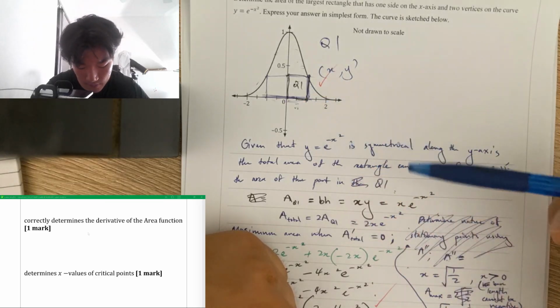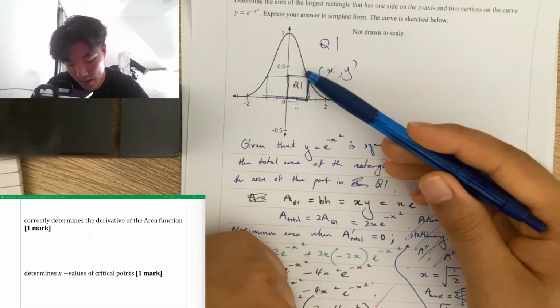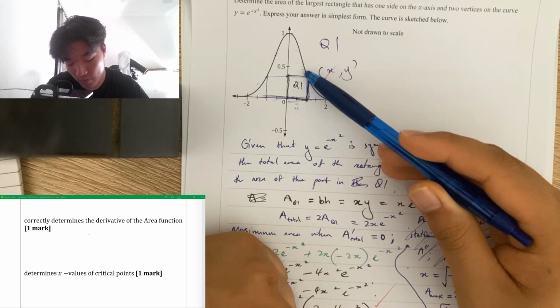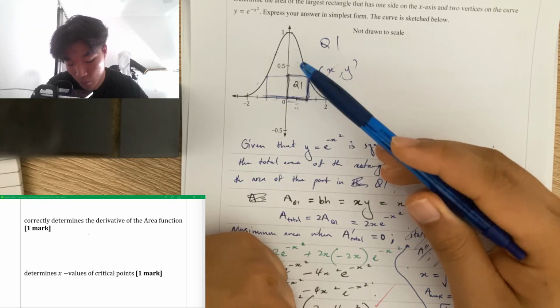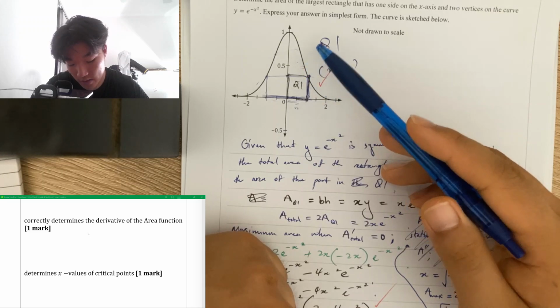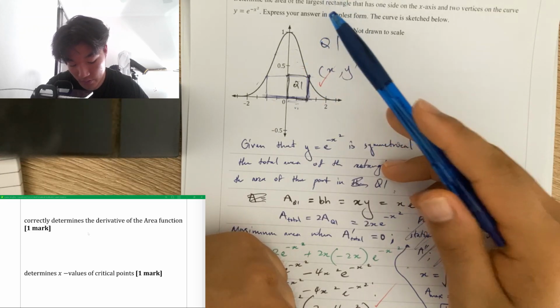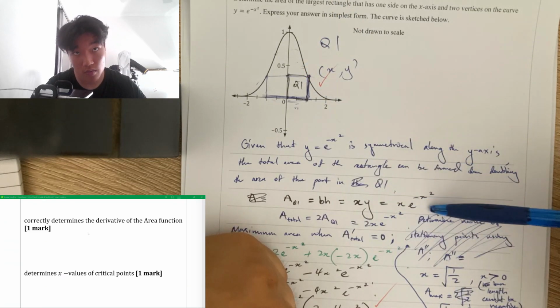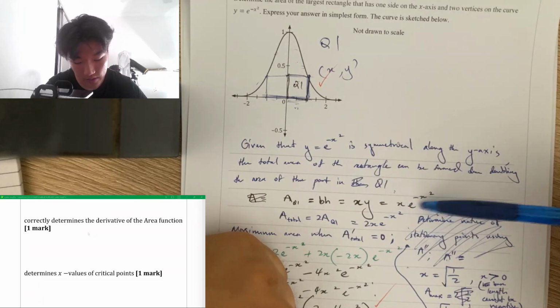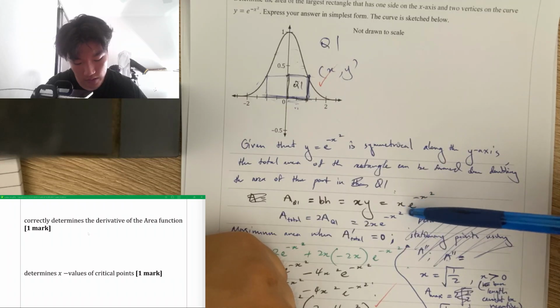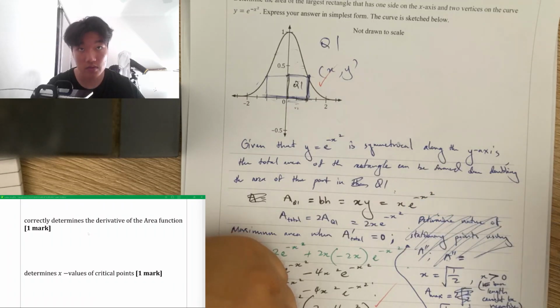And then it's multiplied by the height. And we know that the top vertices of the rectangle are defined by the function. So we can sub in y, which is e to the negative x squared. So then the area of Q1 equals x times e to the negative x squared.